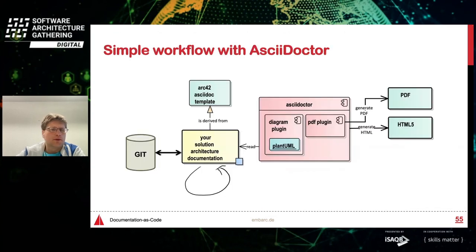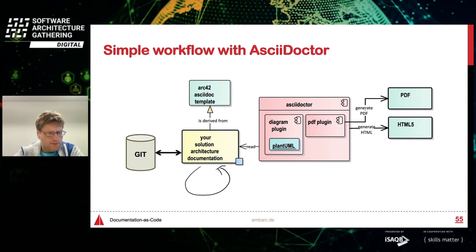And we saw a simple workflow with AsciiDoc a few minutes ago, and there's something more to tell about it. So it's the same picture, but it has a bit more content. For example, we could use the ARC42 template.